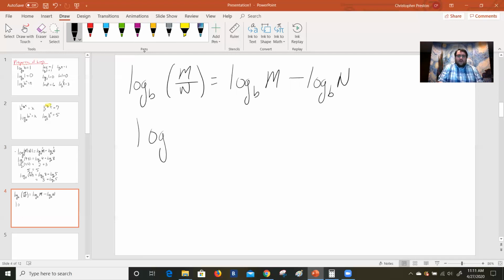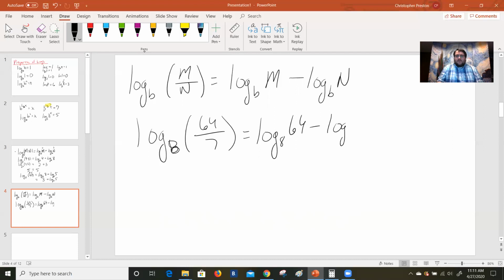So we could have something like log 8 of 64 over 7. And you could go, well, that's equal to log 8 of 64 minus log 8 of 7. What power of 8 gives you 64? 2. And what power of 8 gives you 7?